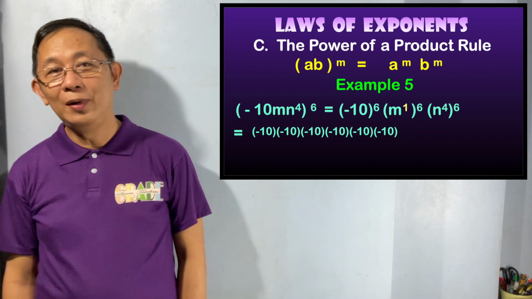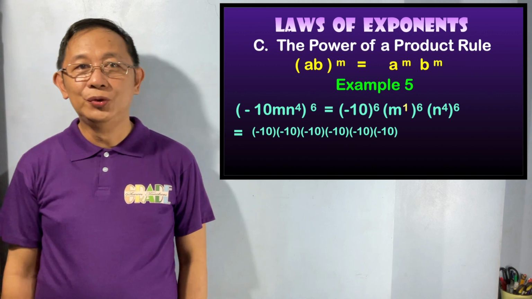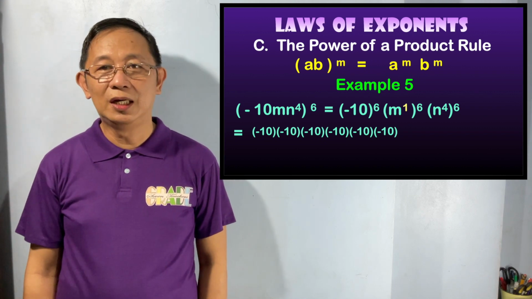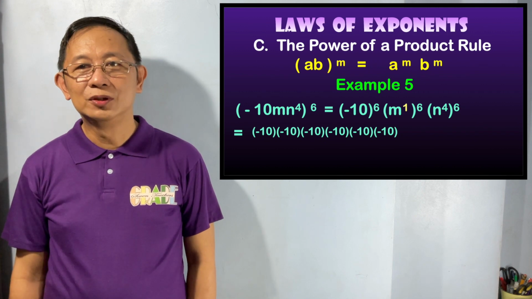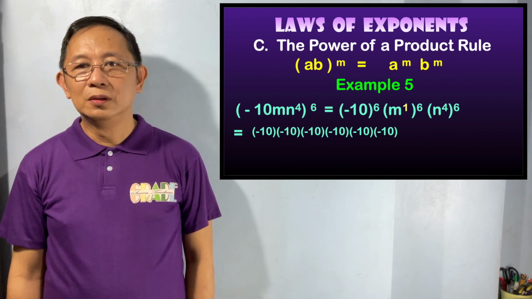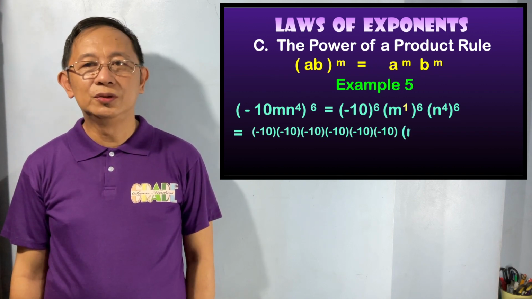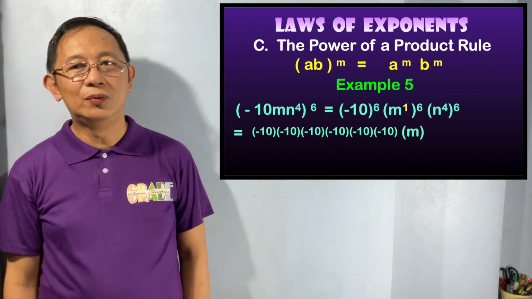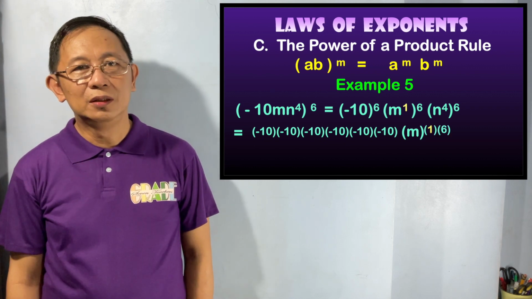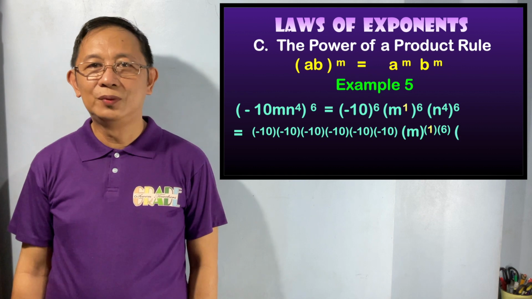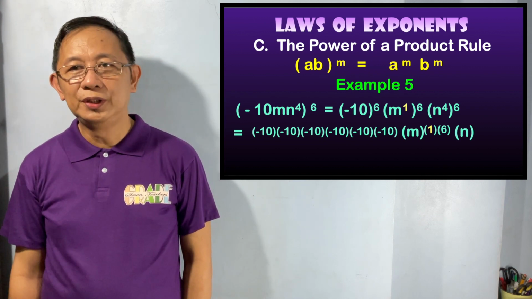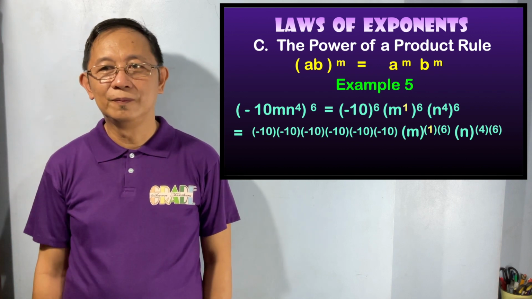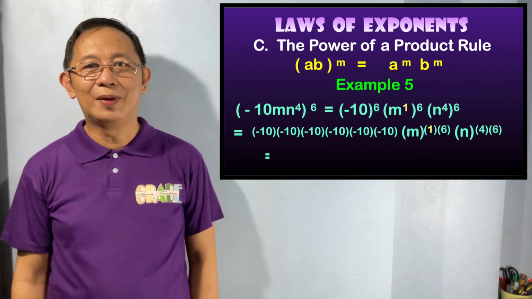We apply the power rule, so this is m raised to the 1 times 6 power. And n to the 4th power to the 6th power is equal to n raised to the 4 times 6 power. And then simplify.